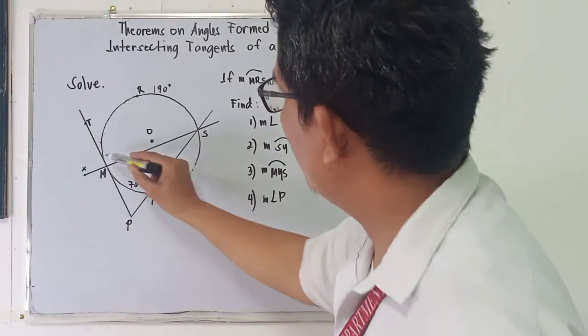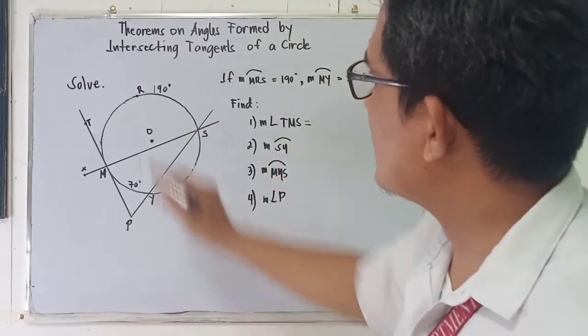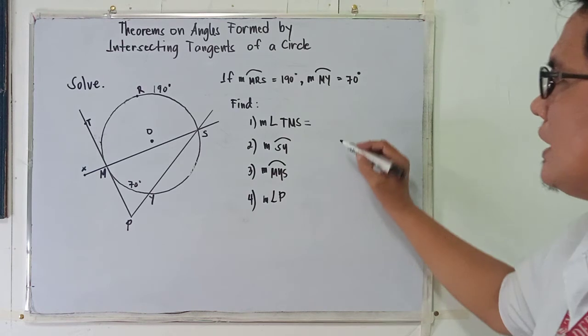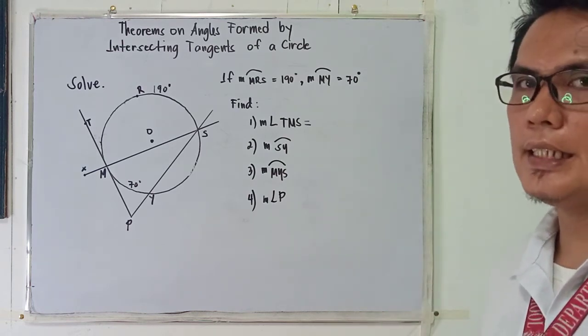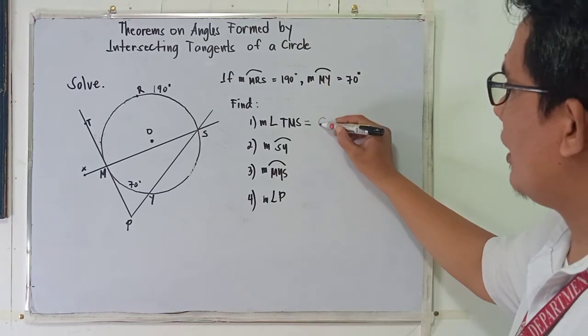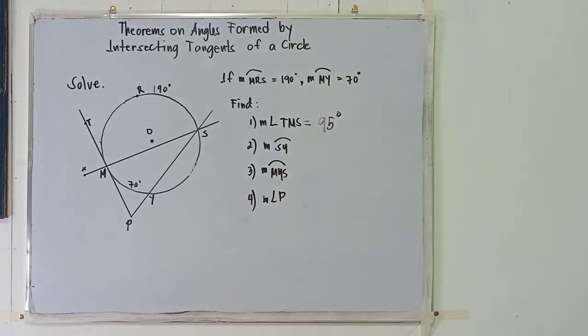So angle TMS is half of 190, that is 95 degrees. Do we have the same answer for number 1, TMS?